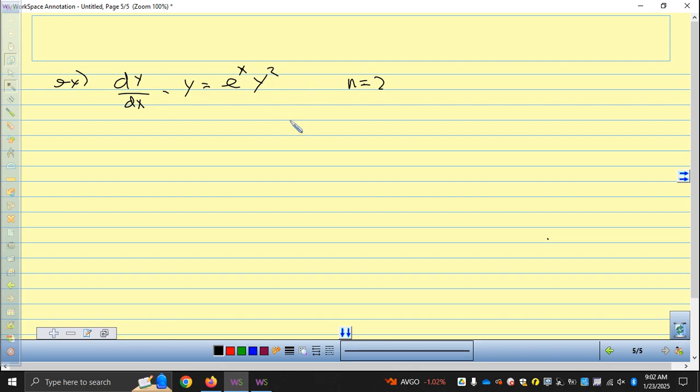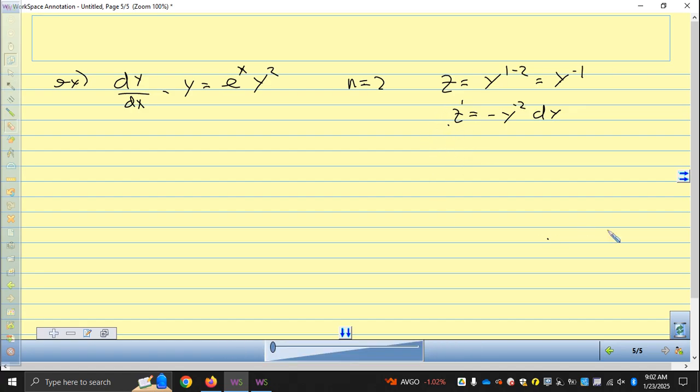So I'm going to say z equals y to the 1 minus 2, which is y to the negative 1. And then dz is negative y to the negative 2 dy. Or let me write it this way, z prime is negative y to the negative 2 y prime.